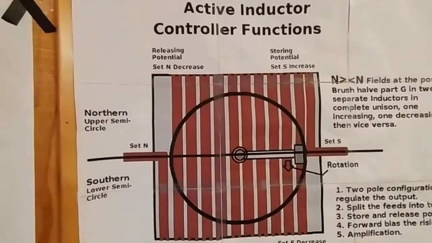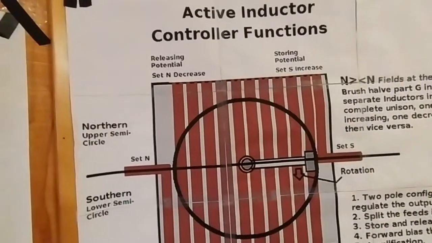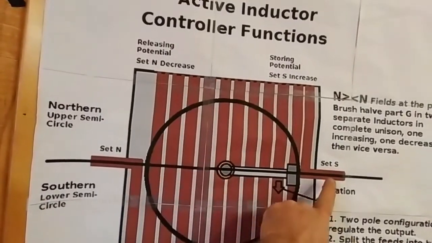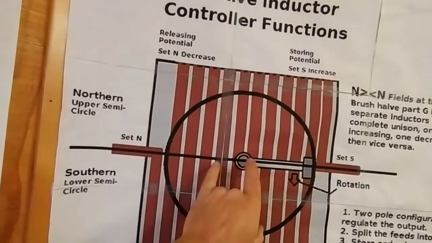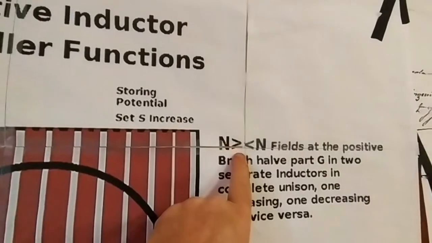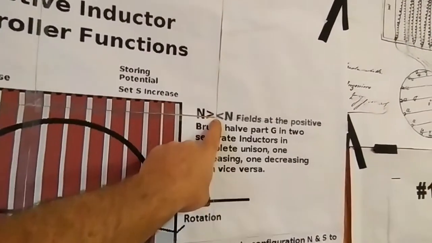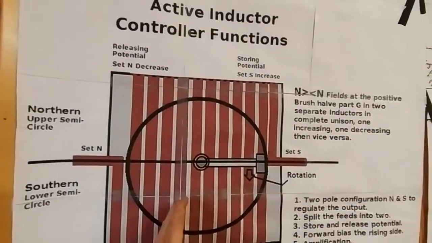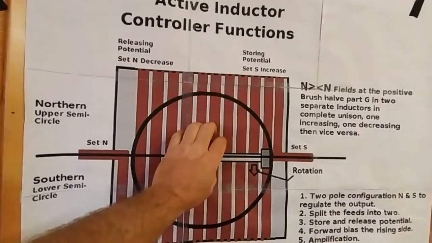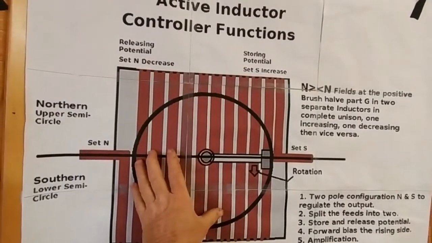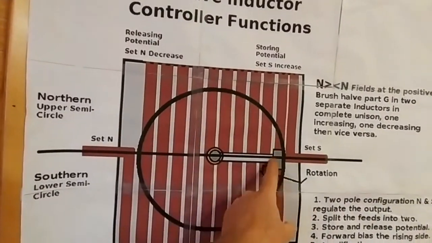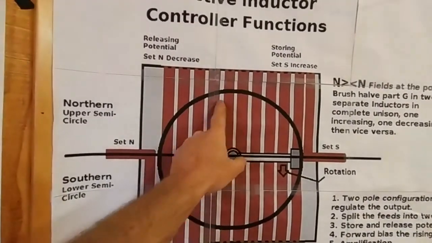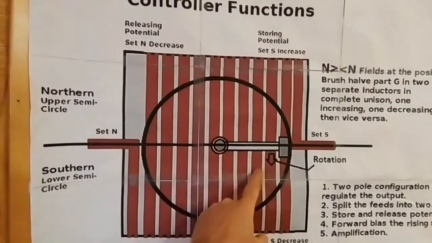Why do you think you have such a fat ground line on everything? So as the current flows in here to the positive brush, you will have two NN fields, opposing fields, that split the inductor in two. Therefore, you're able to split this feed into two, and you're able to control the current flow of two separate feeds 180 degrees from each other in complete unison.